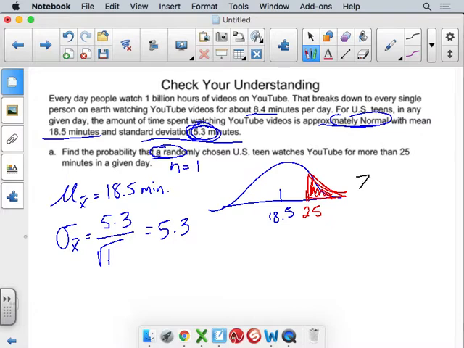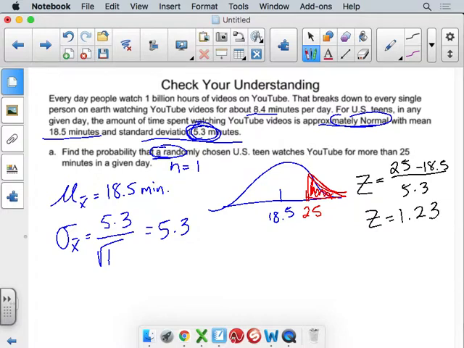So I'm going to get the z-score for 25. How far is 25 from the mean, and how many standard deviations is that? 25 minus 18.5 divided by 5.3 is, I can't remember if I rounded or not, but I got a z-score of 1.23.